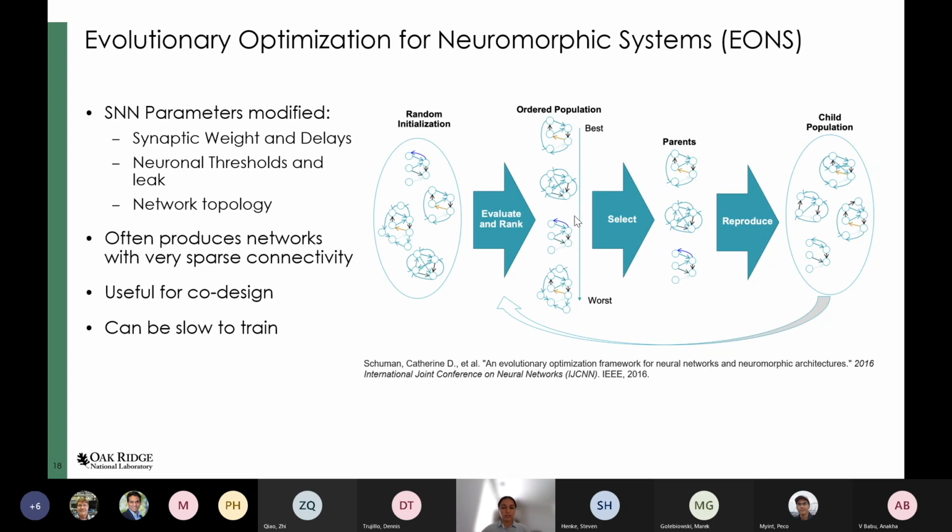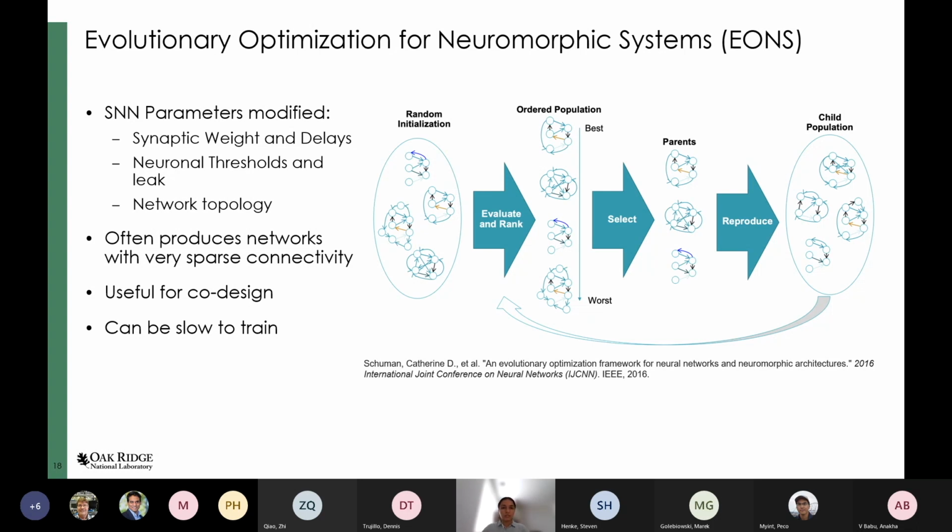The way it proceeds every generation is that each network in a population is evaluated by passing the input data sample, and then we select the parents for the next generation, apply genetic operations such as mutations and crossovers, and the offspring population is now part of the new generation.